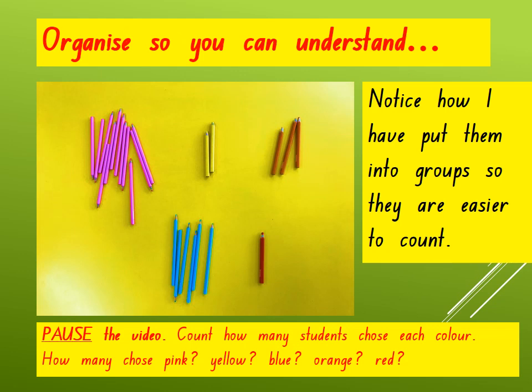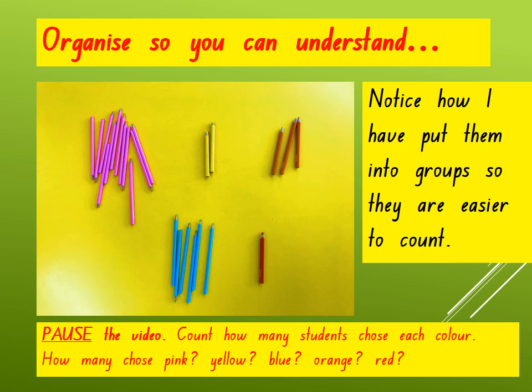We've organised the pencils so that we can understand a bit better. So now all the pink pencils are together. All of the yellow pencils are together. All of the orange pencils are together. All of the blue pencils are together. And it looks like there's only one red pencil. So notice how I have put them into groups so they are easier to count.